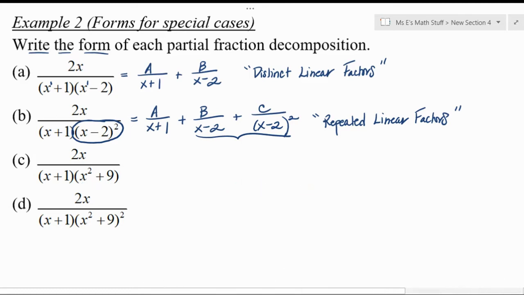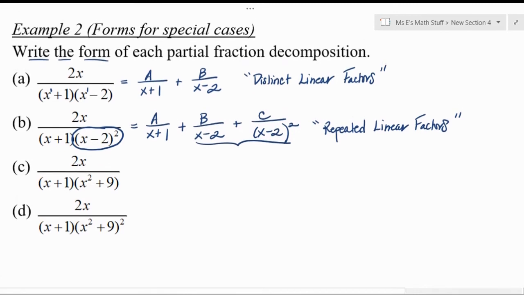So I hope that makes sense. In that case, we'd actually need to leave x squared plus 9 as a quadratic factor. So now it's a matter of, well, what does that mean for your form? So first, let's talk about this x plus 1. That's just good old-fashioned A over x plus 1. And then you're going to have a second fraction where x squared plus 9 is in the denominator.